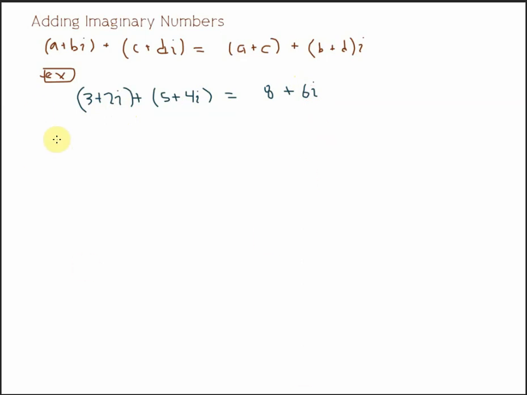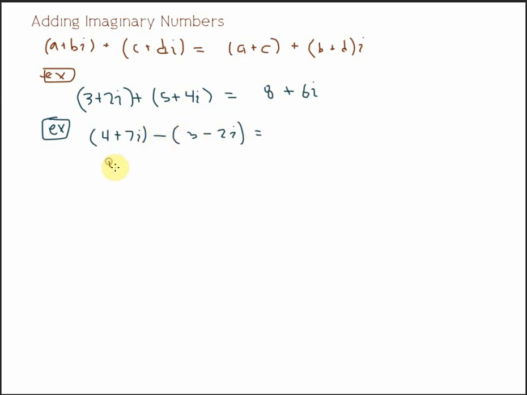Okay, so now what happens if we are subtracting? All the same things. You just need to be extremely careful that you are distributing your negatives correctly. You can even have negatives in between here. So let's do 3 minus 2i. Anytime there's a set of parentheses and you're subtracting something, you have to subtract both terms.